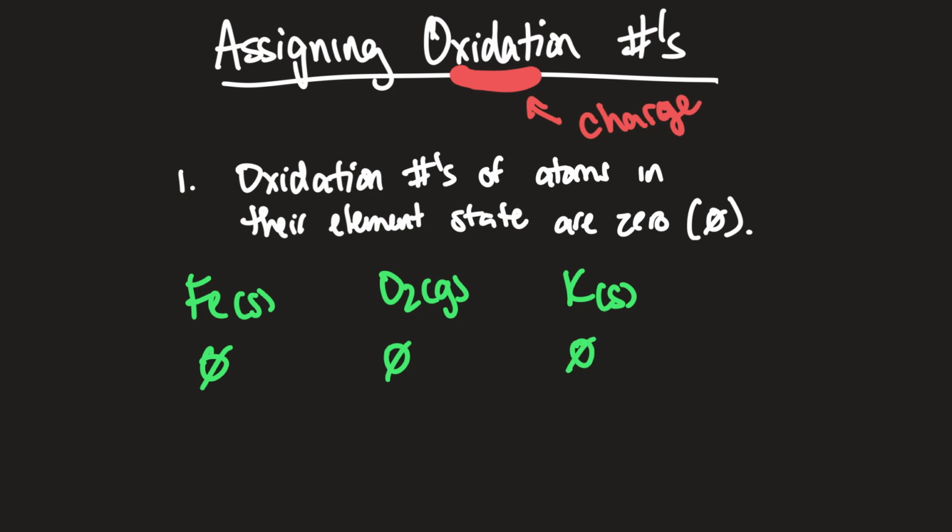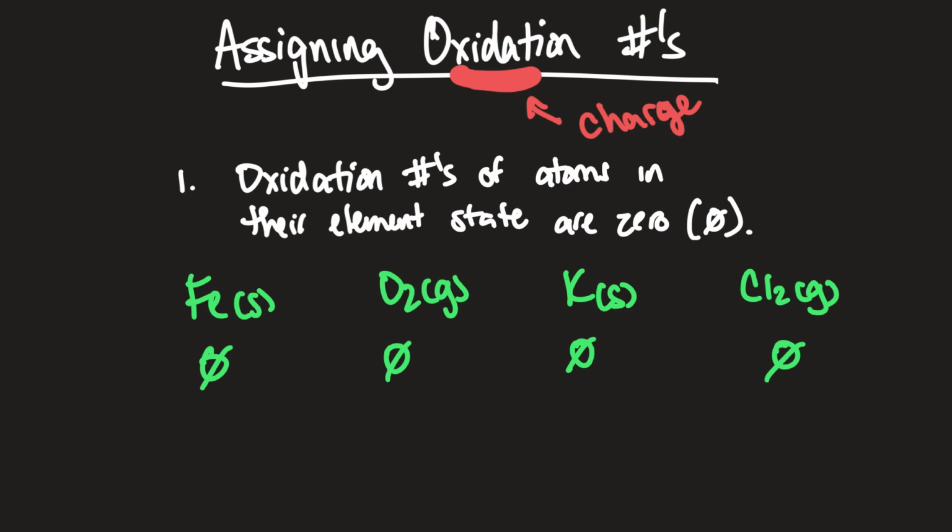If you have a sample of chlorine gas, which is supposed to be Cl2, I apologize for that, overall its oxidation number is 0. Okay, so remember, anytime you have a substance in its elemental state, the oxidation number is 0.